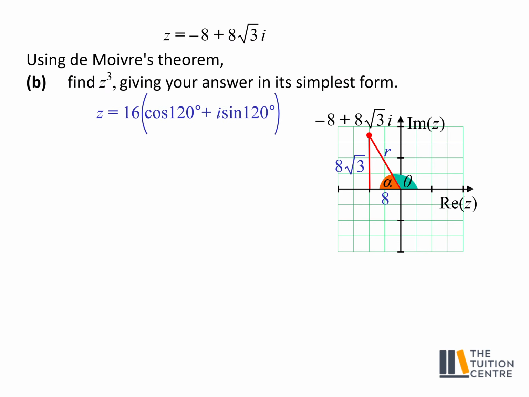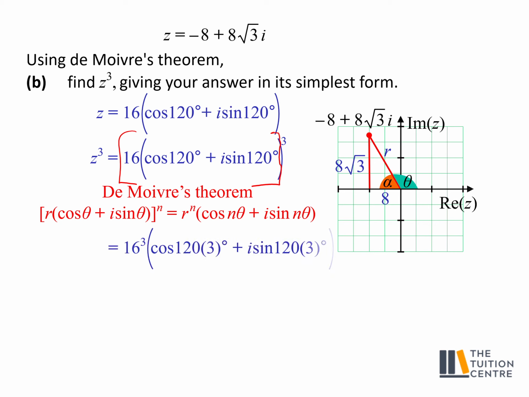So let me just show you that in degrees. If z was equal to 16 times cos 120 plus i sine 120, I could say z to the power of 3 is 16 cos 120 plus i sine 120, the whole thing to the power of 3. There'd be a square bracket there. I'm going to use De Moivre's theorem.